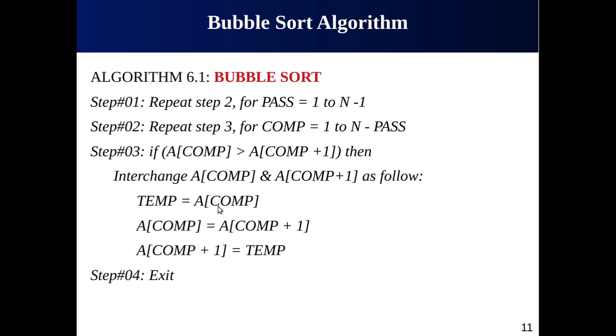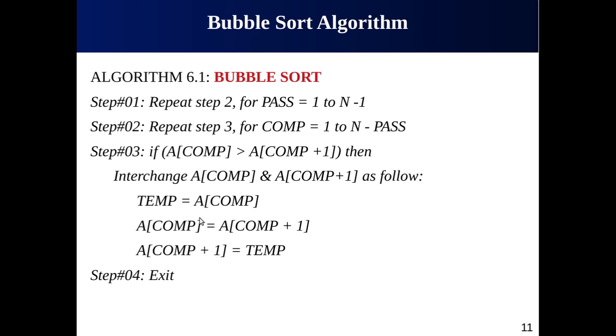So first you have to assign the value of the first location to the temp variable, and then you have to assign the value of the second location to the first location. Once you do this assignment, the value stored at a comp will be overwritten, but we do not worry because we have already saved the value of a comp in the temp variable. So if we overwrite, the value doesn't matter.